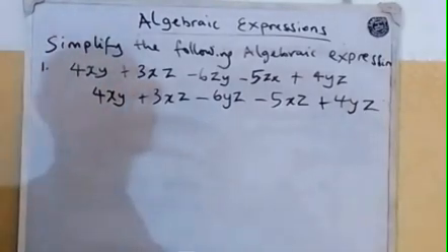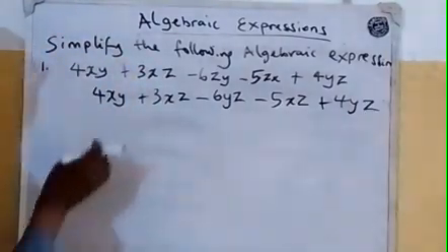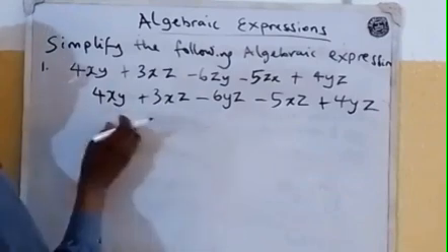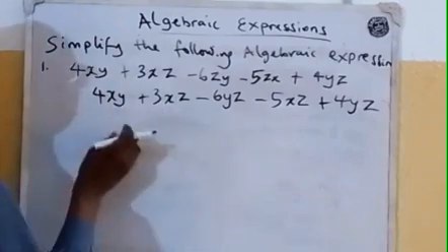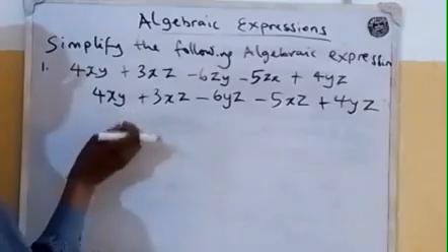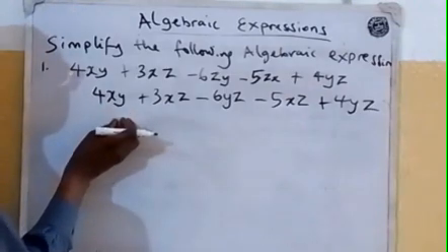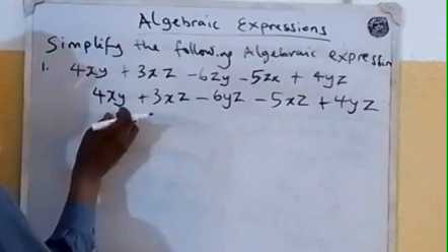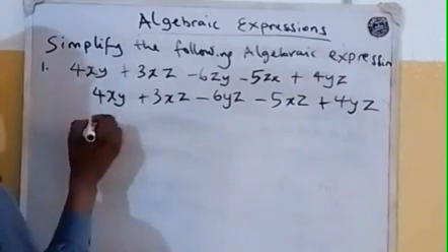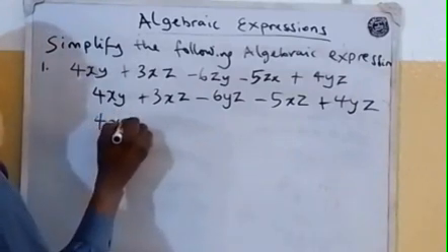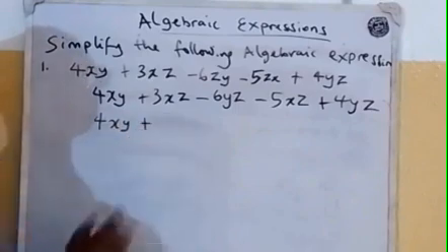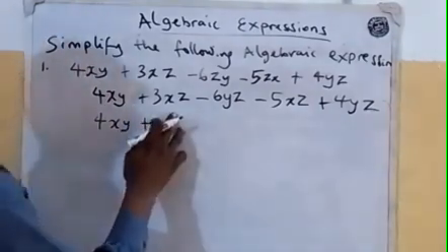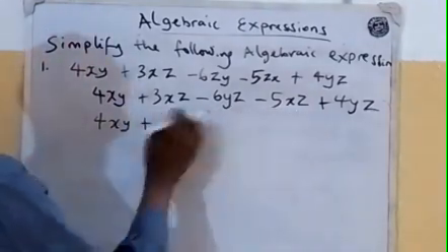So collecting like terms means I will look for the two or more that are similar in the variables. So xy here, that's the only one, so I will just write that one outside: 4xy plus, for the xz, I have these two, so I'll bring them together.